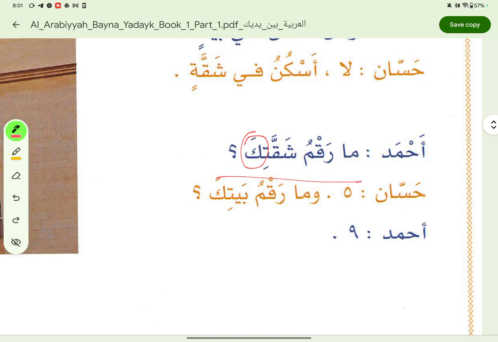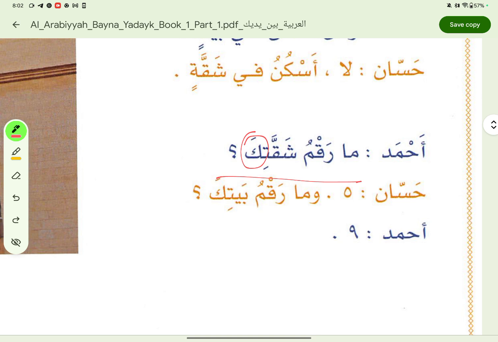If I say this is his apartment, I didn't say the word "the" there. Notice that. But it still made it known because we're speaking about a specific apartment. This is your apartment. This is your room. Right?